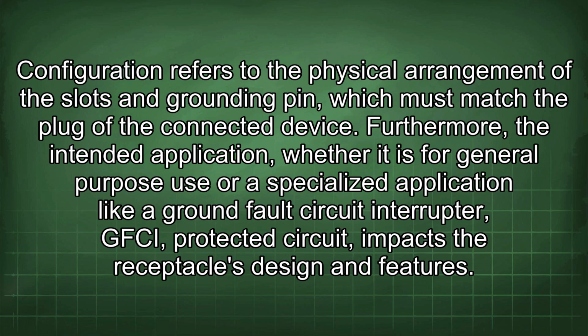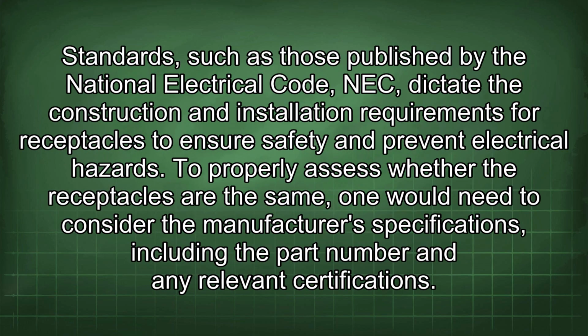Furthermore, the intended application, whether it is for general purpose use or a specialized application like a ground fault circuit interrupter, GFCI protected circuit, impacts the receptacle's design and features. Standards, such as those published by the National Electrical Code, NEC, dictate the construction and installation requirements for receptacles to ensure safety and prevent electrical hazards.